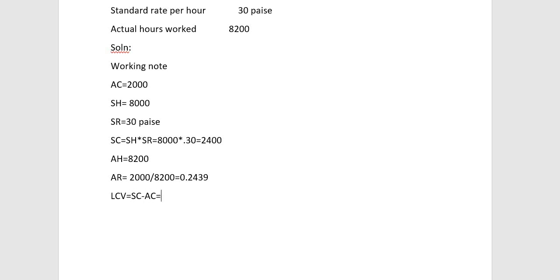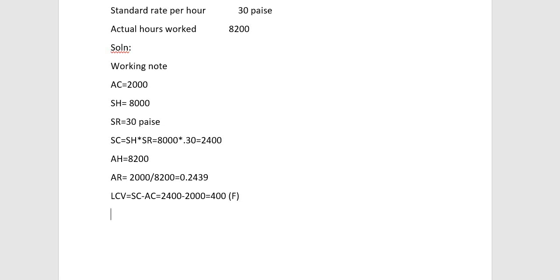Standard cost is 2400, actual cost is 2000. Therefore 2400 minus 2000 equals 400, which is a favorable variance.